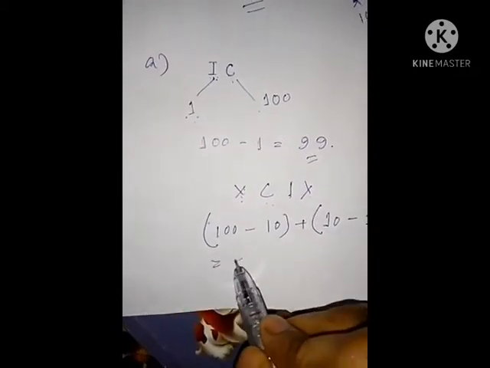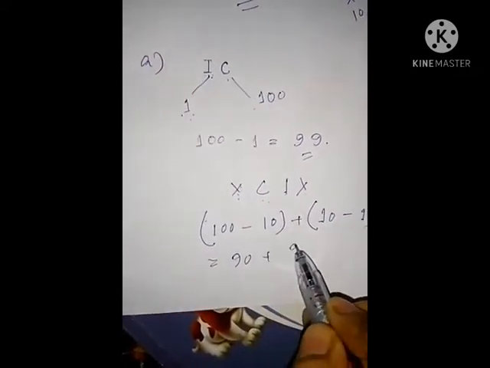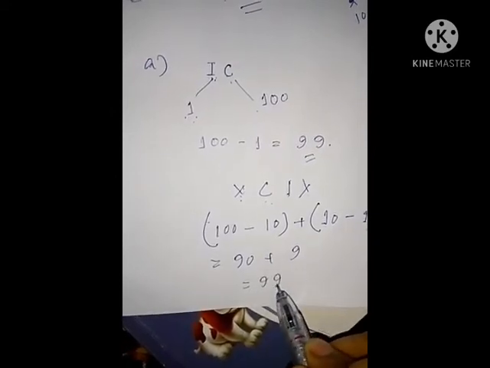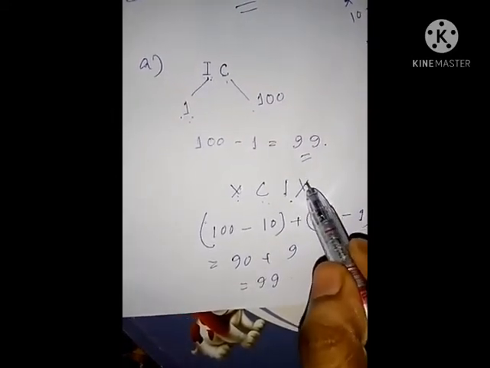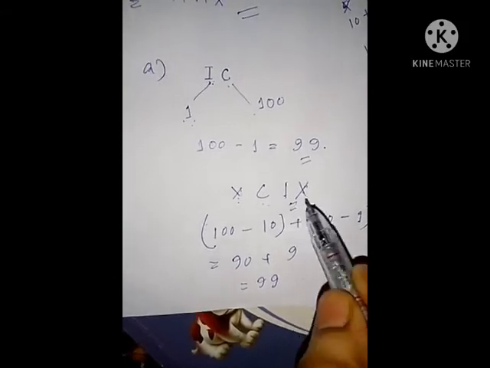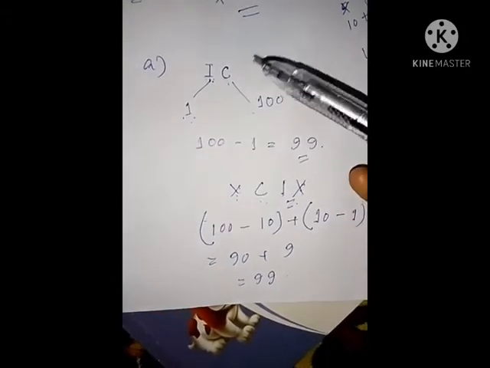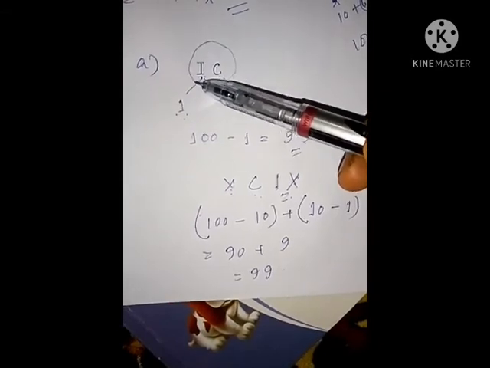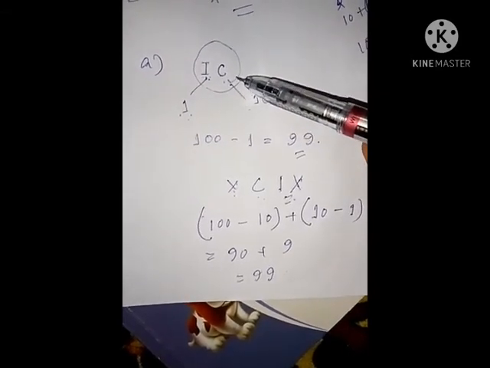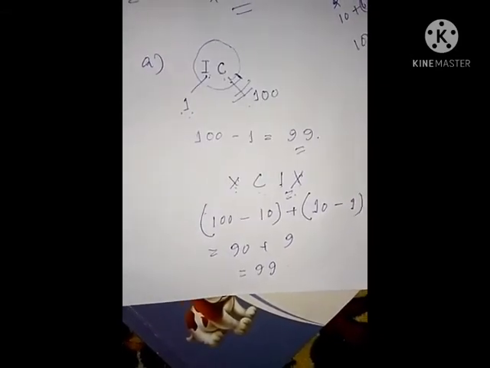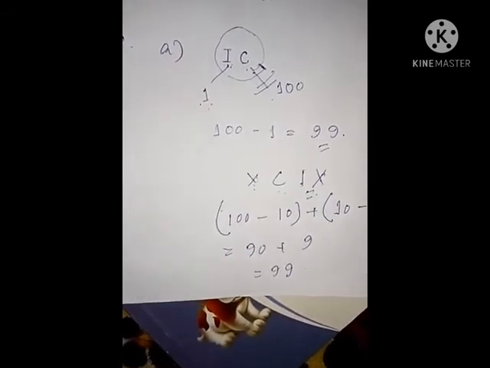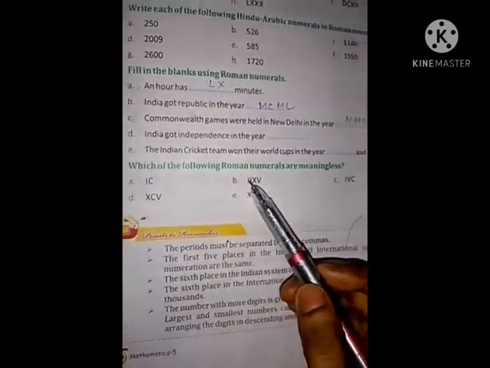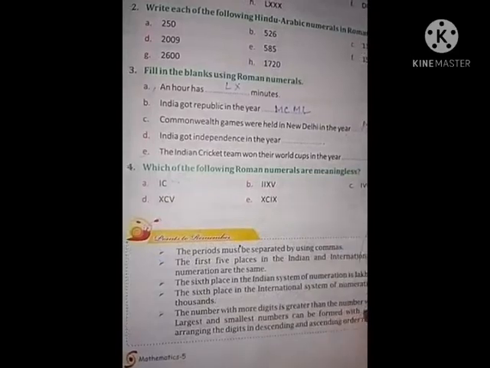So see, 90 plus 9 is equal to 99. So the correct Roman numeral of 99 is this. But in the exercise, in the question, the Roman numeral is given like this. This is meaningless. Understand? So like this you have to do this.